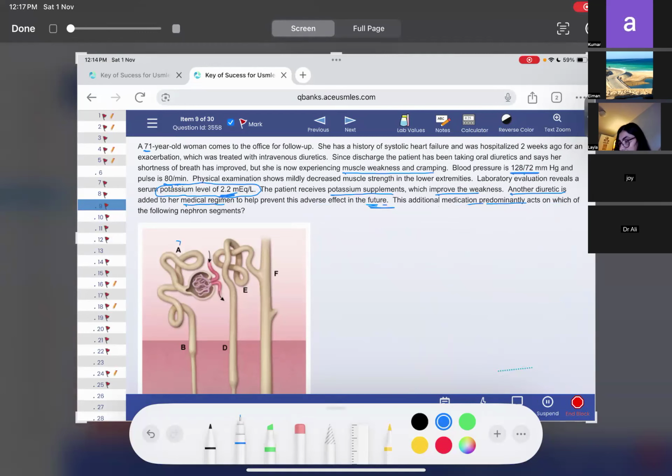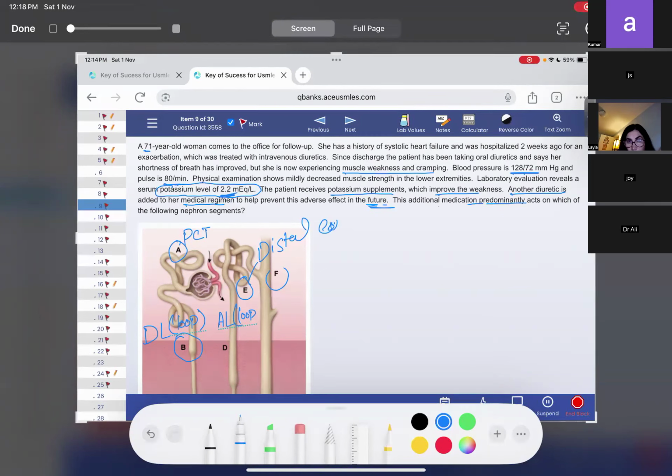Option A is the proximal convoluted tubule. This is the descending limb of the loop of Henle, this is the ascending limb of the loop of Henle, this is the distal convoluted tubule, and this is the collecting duct.